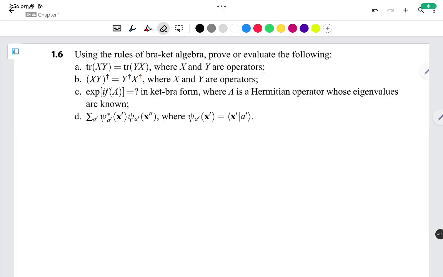Okay, so we are going to put some of these things that are listed here. First we'll be trying with this trace part. Remember that when we are writing the trace, how do we write this? We generally sum up on the same basis, so we can write it like this.